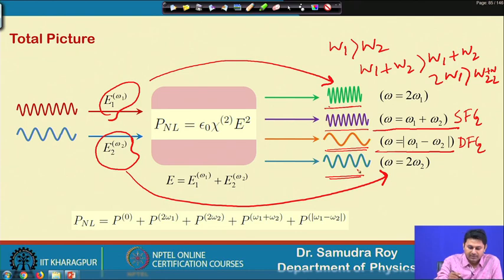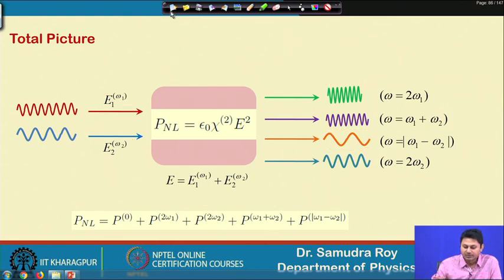Apart from that, I should mention that the two fundamental frequencies will still be there, so this is not the only output. In the output, I should also present two different frequencies. One is simply omega 1, the fundamental one, and another is omega 2, which is also a fundamental one.